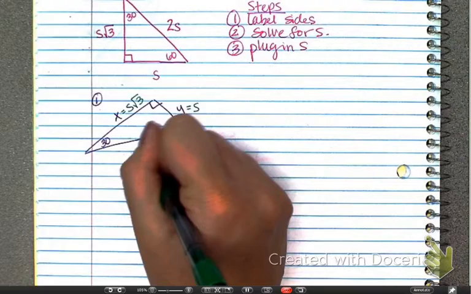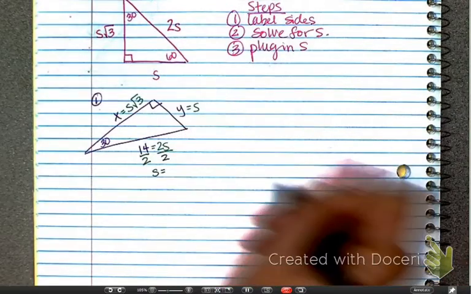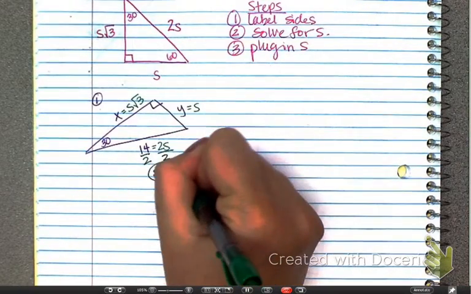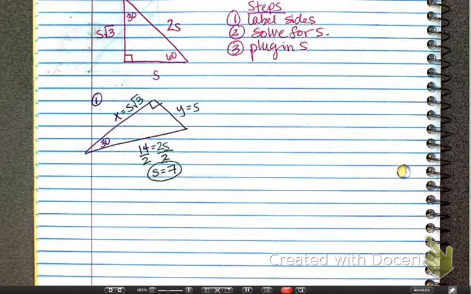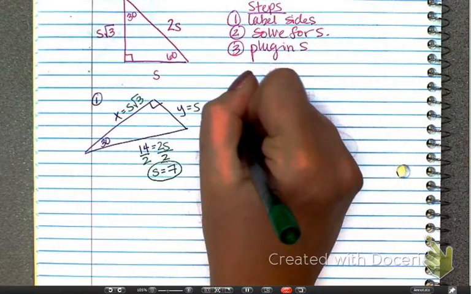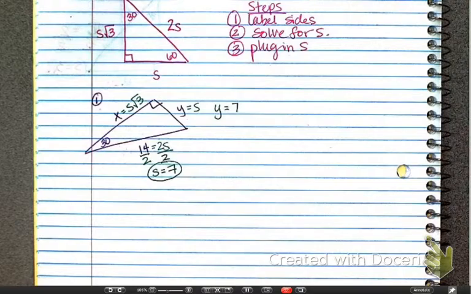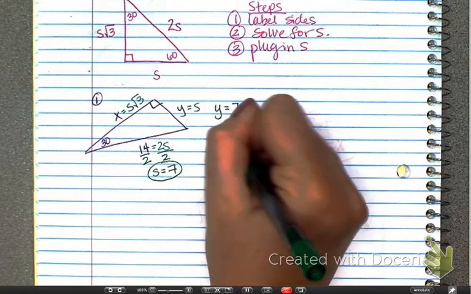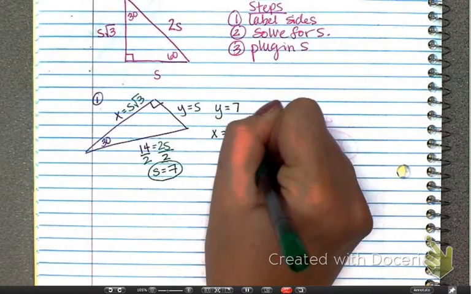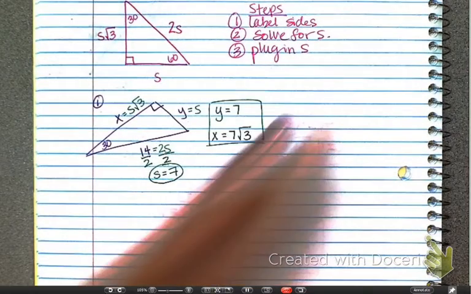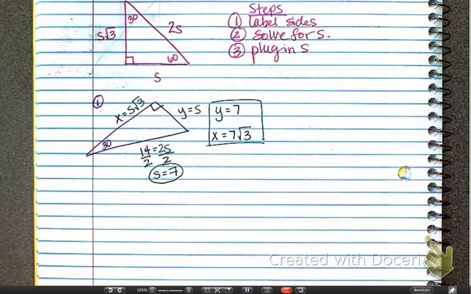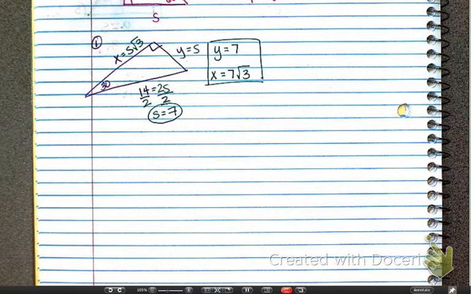Divide by 2. S equals 7. What is step 3? Plug in S, which means Y equals 7 and X equals 7 radical 3. Are we okay with that?